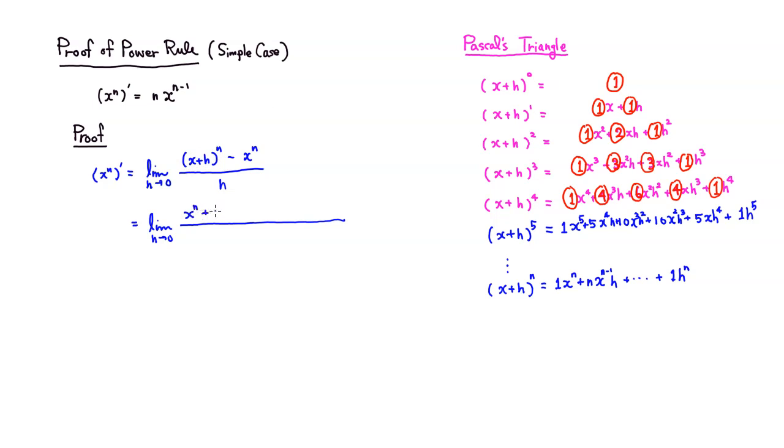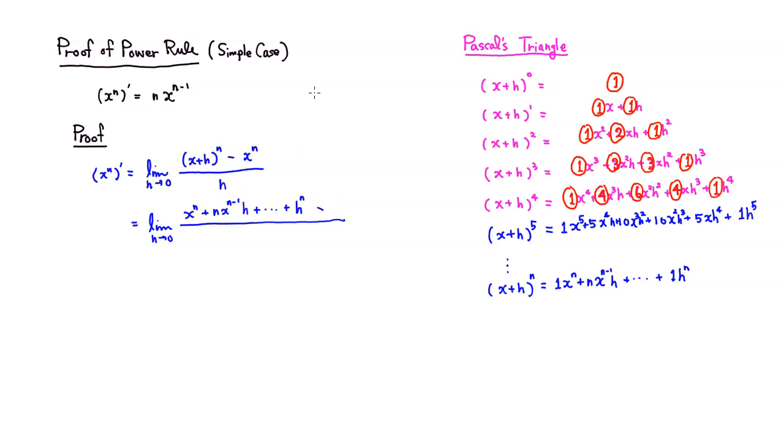Next term is n times x to the n minus 1 h. Then dot, dot, dot. And the last one is h to the nth power.